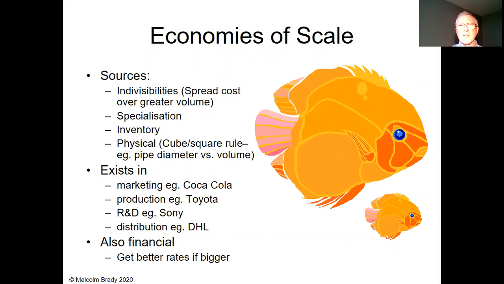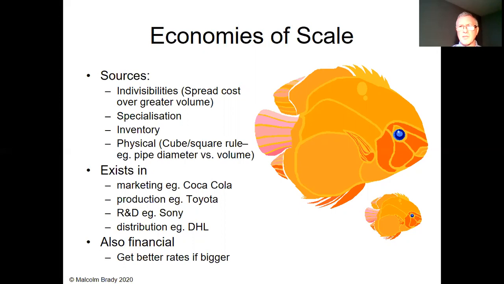So indivisibilities are where you spread a particular cost that can't be broken down, but larger firms can spread that cost over a greater volume. So, for example, if you have a retail outlet and you need to employ a manager for that retail outlet, if a firm down the road has a retail outlet 5 times that size, it probably still only needs 1 manager to manage that retail outlet, even though it's 5 times the size.